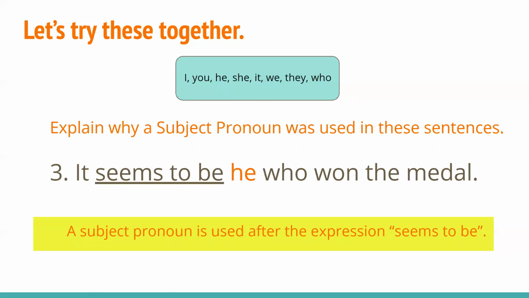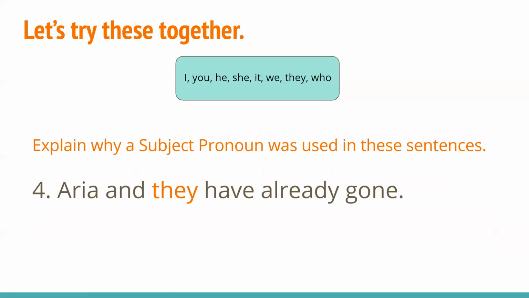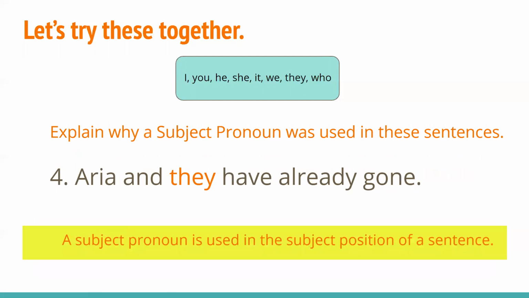A subject pronoun is used after the expression seems to be. Aria and they have already gone. Again, which word should I underline? What is our explanation? A subject pronoun is used in the subject position of a sentence. Who have gone? Aria and they, subject position.